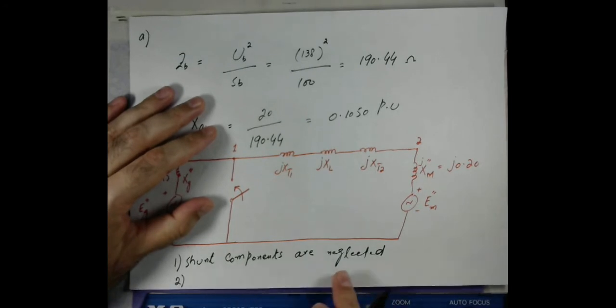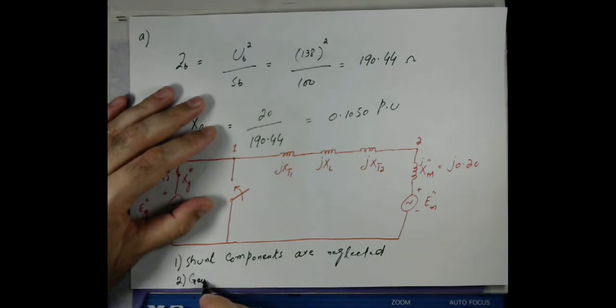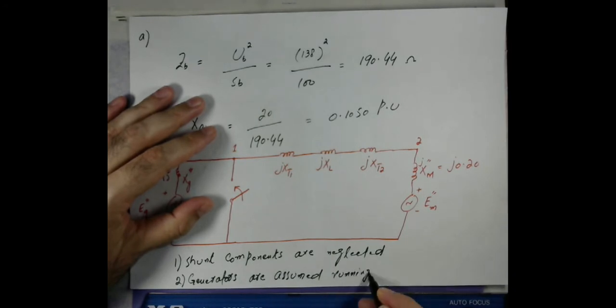So shunt components are neglected for solving these kinds of networks, and generators are assumed running at rated values.